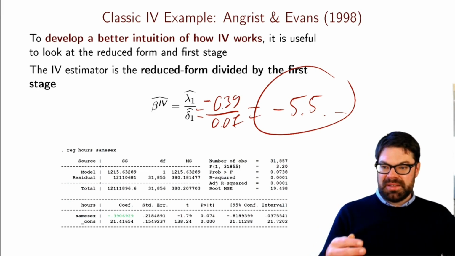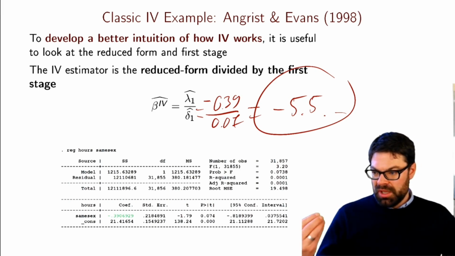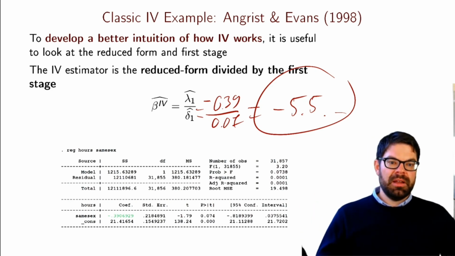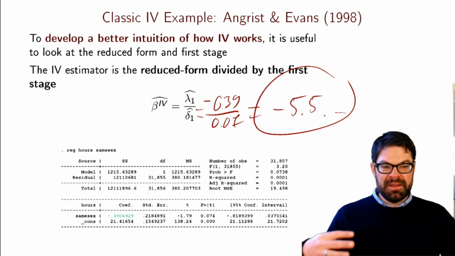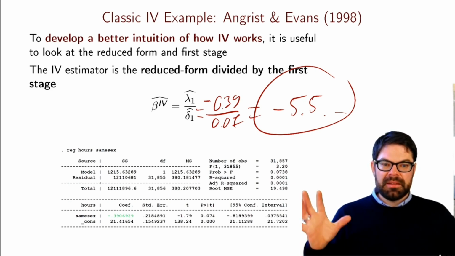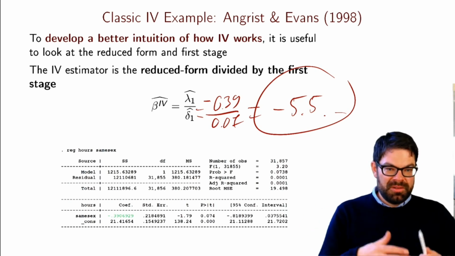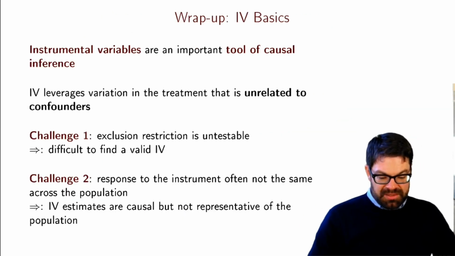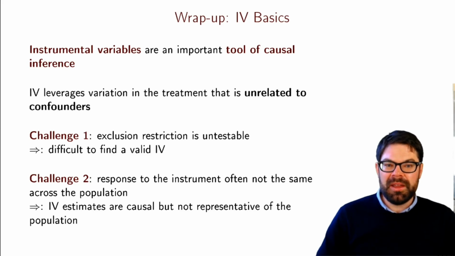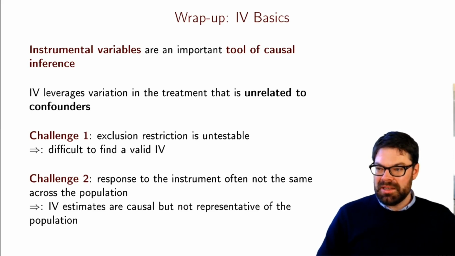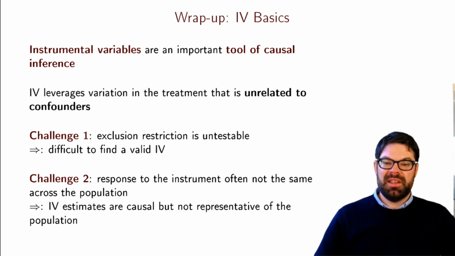And to what extent those people who actually respond to the treatment are a relevant and interesting group to study, that's up for debate. And that depends on the context and on the question one would like to answer with it. But be aware that it's not typically the population one is actually interested in.